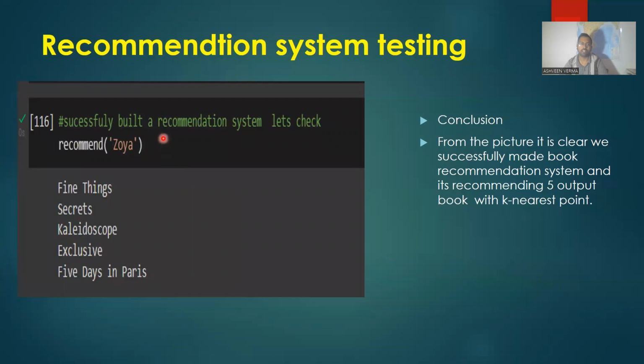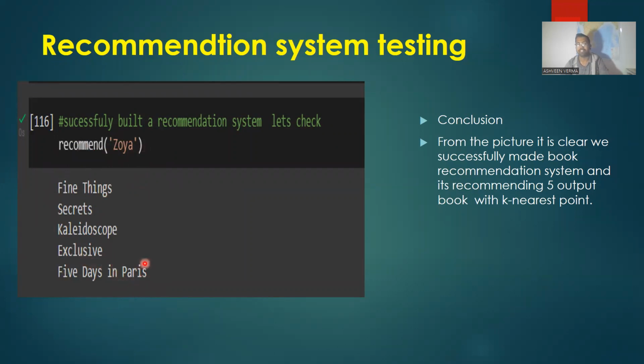So this is the final output of my recommendation system, which I have just tried to check whether my code is working fine or not. Just for checking, I have given the book name Zoya, and it gives me 5 outputs from similar types of books.